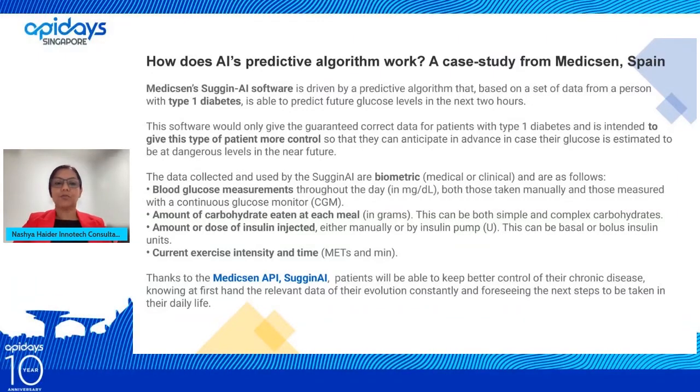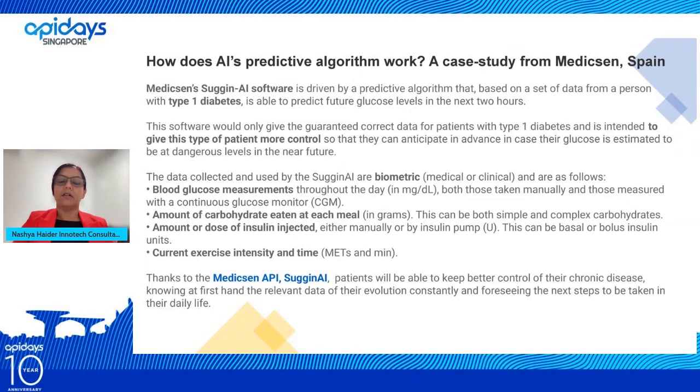So the software would give you a guaranteed correct data, and it's intended to give the patient more control so that they can anticipate in advance whether their glucose levels in their blood are going to dangerous levels or whether the glucose levels are maintained in a healthy level.